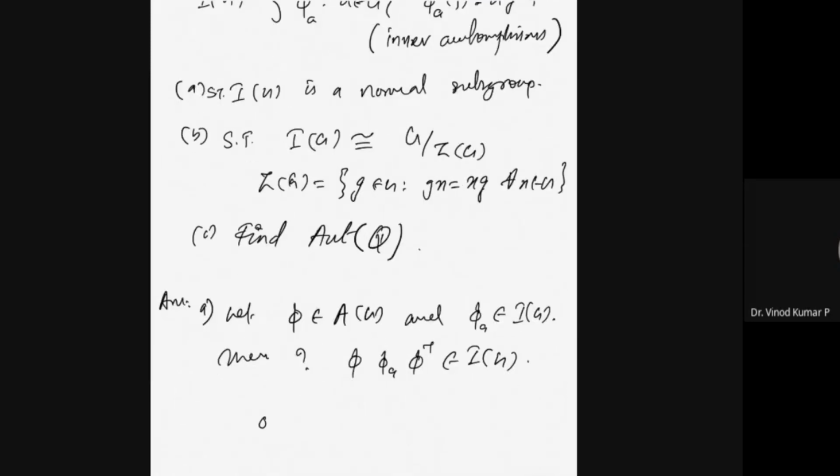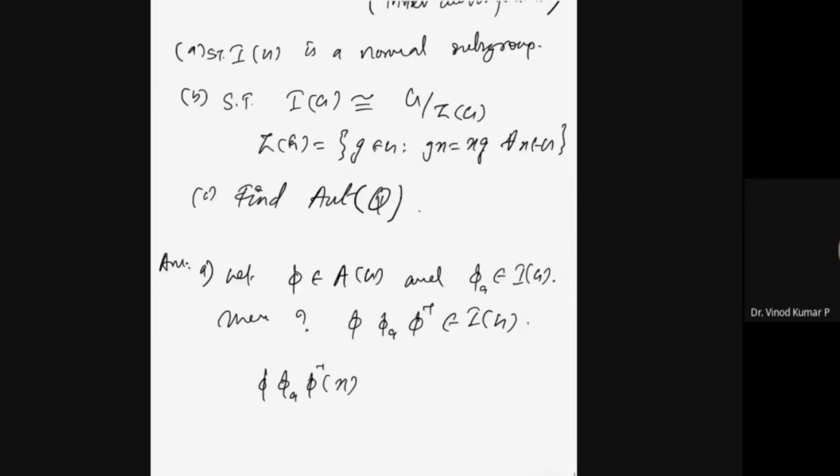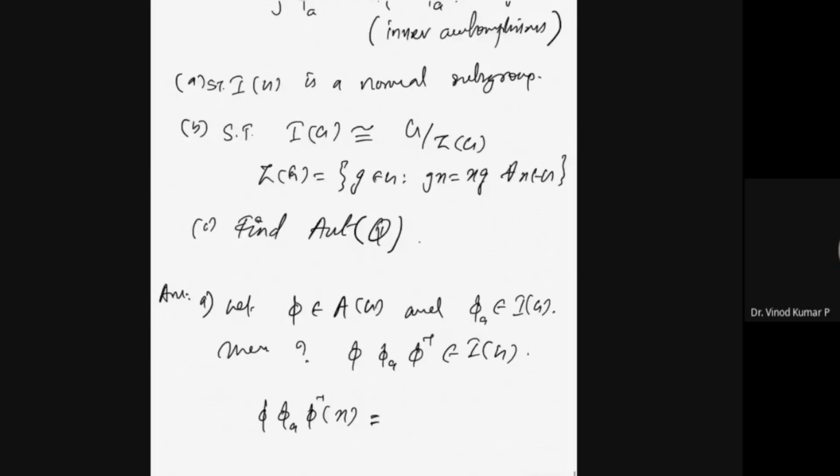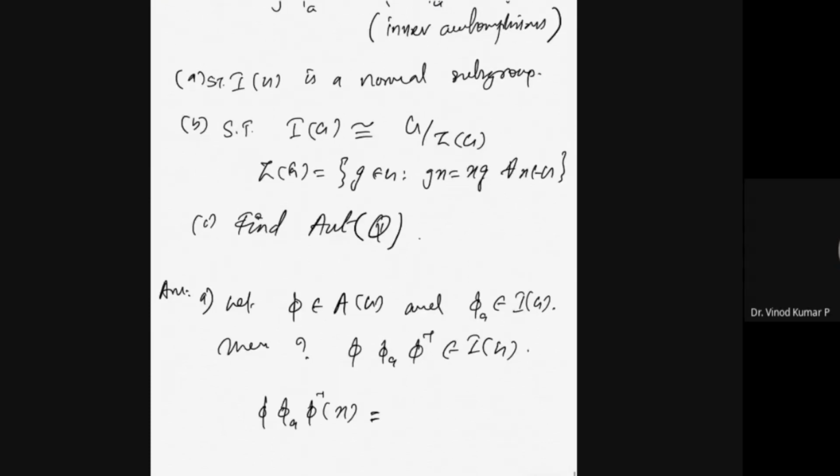So phi A phi inverse of X. How do you show that this is a normal subgroup?